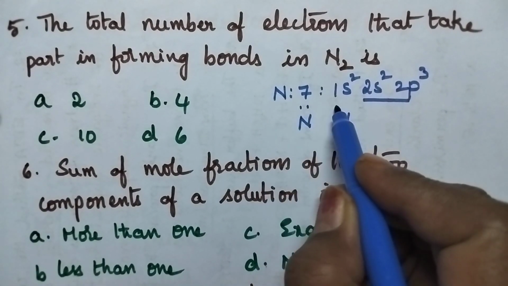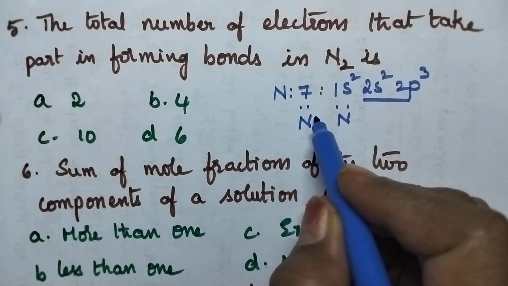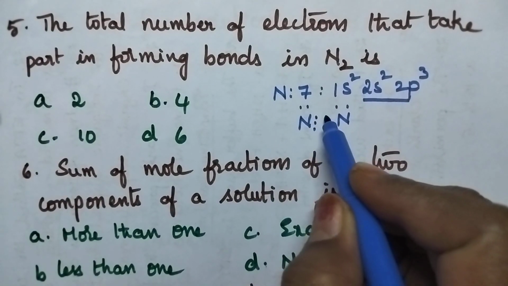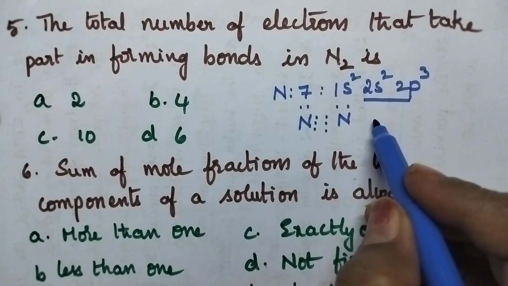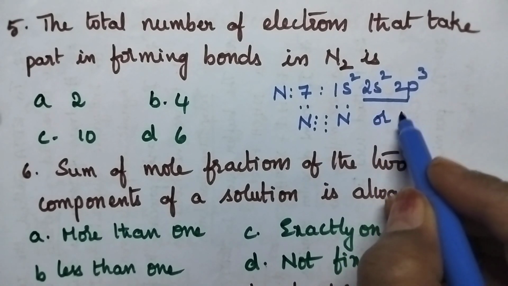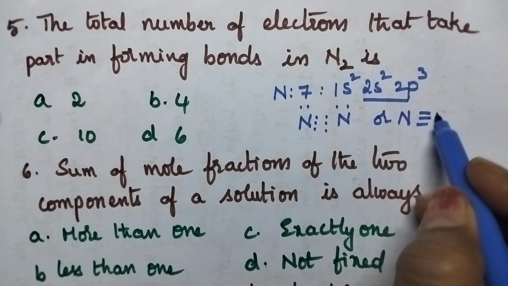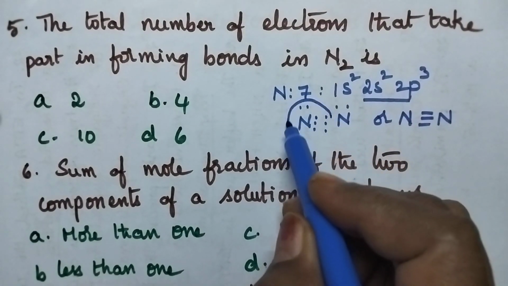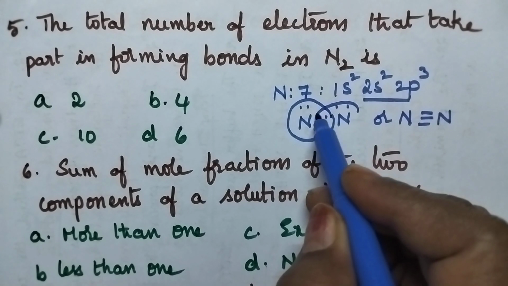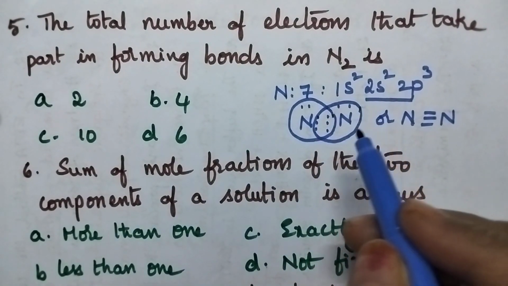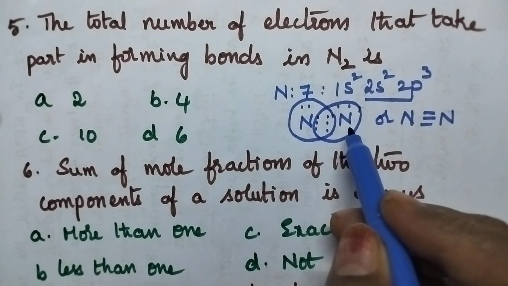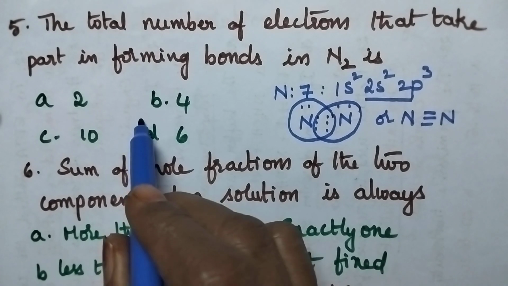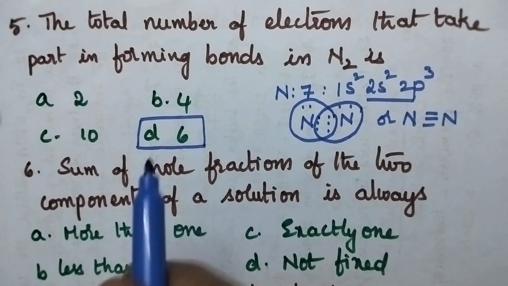Each atom has a lone pair of electrons and each atom contributes 3 electrons for the bonding. So altogether a triple bond is present between the two nitrogen atoms. That means how many electrons are present? 6 electrons are present and they are involved in the bond formation. So option D, 6 is the right answer.